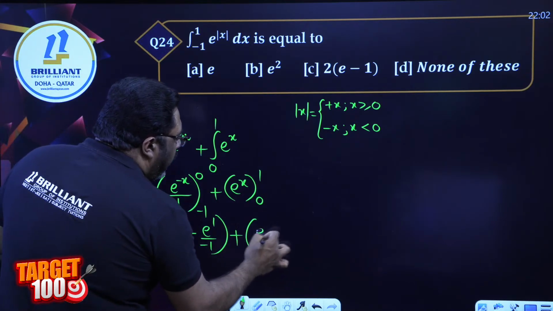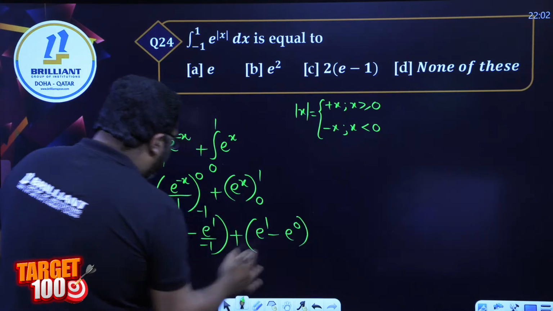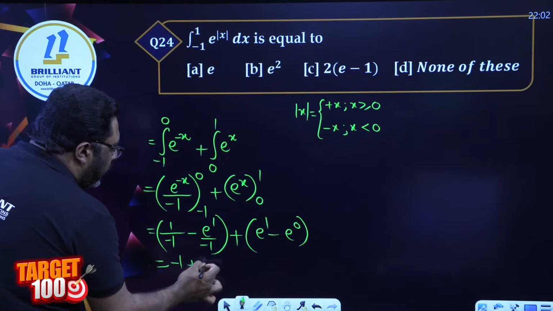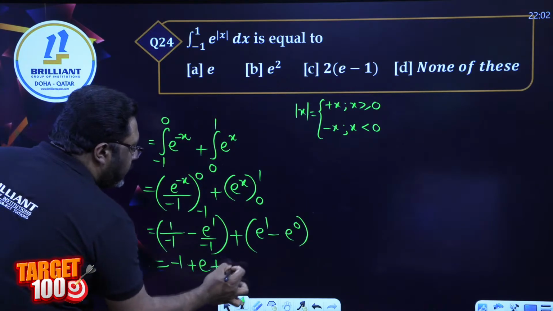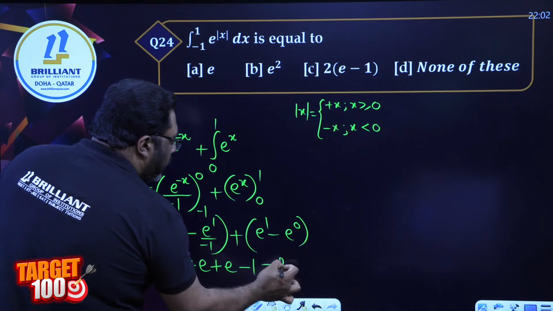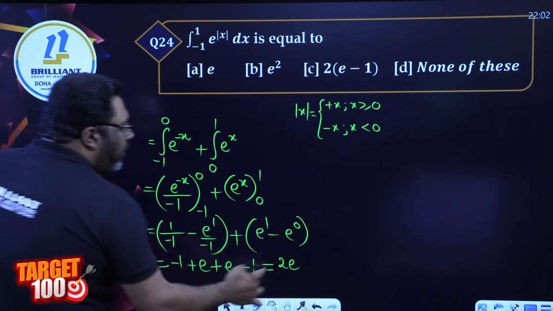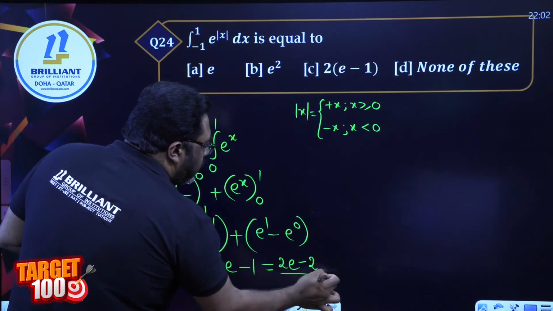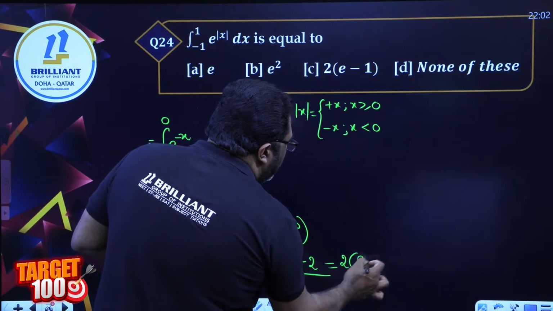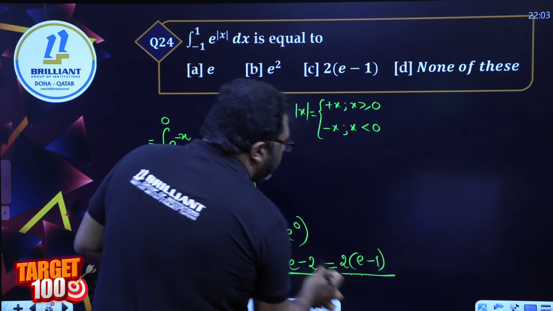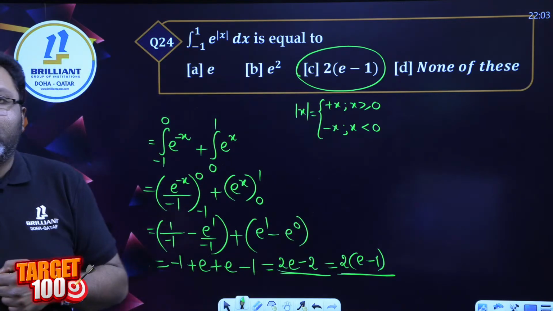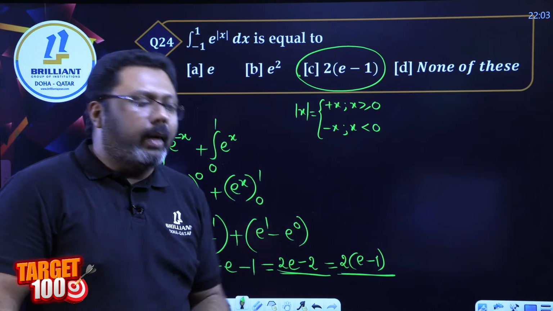Then e raised to 1 minus e raised to 0. 1 by minus 1, no doubt, minus 1, plus e minus 1. e plus e, 2e. Minus 1 minus 1, minus 2. 2e minus 2, which is 2 into e minus 1. Okay? 2 into e minus 1.